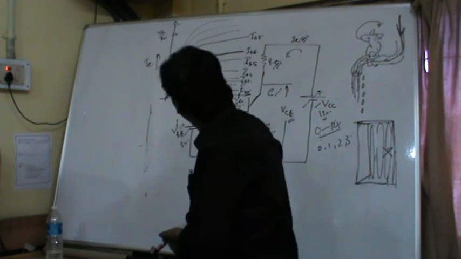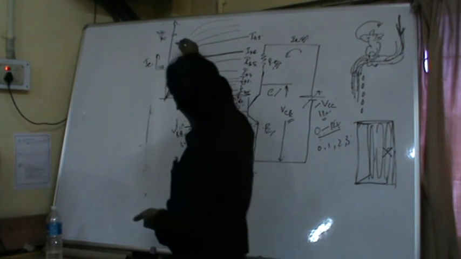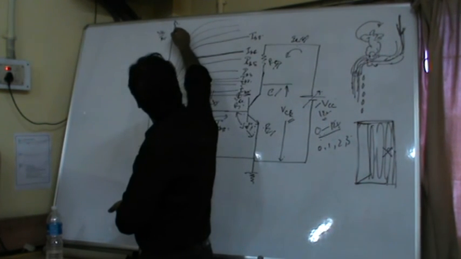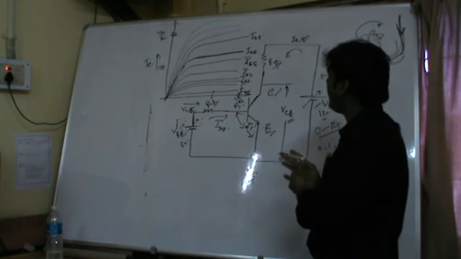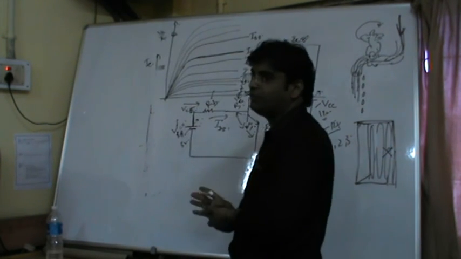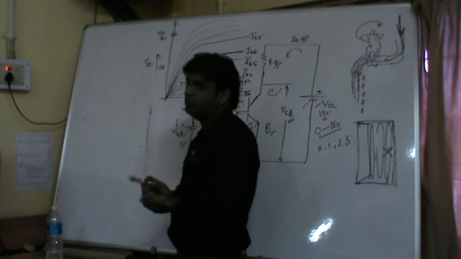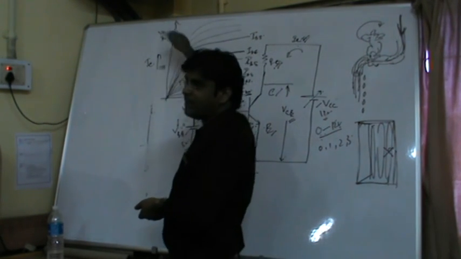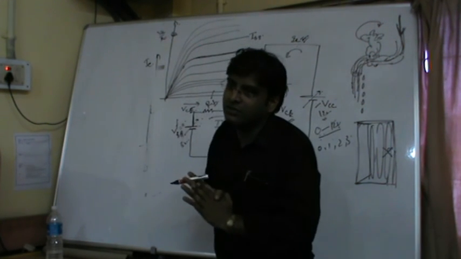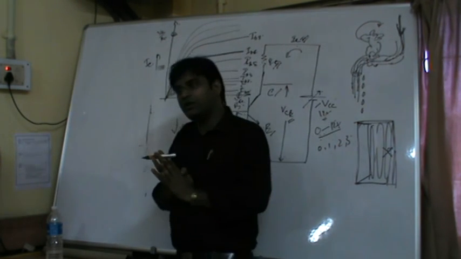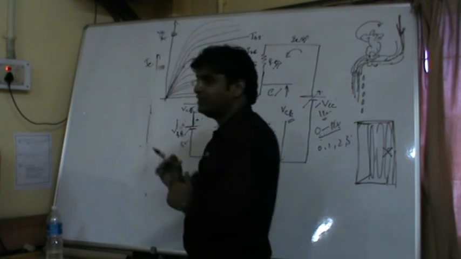So this point is very effective and this point is very effective. This circuit is capable of taking the load up to this particular point of voltage and this particular point of current. Maximum load of current is this, maximum load of voltage is this. Yes?